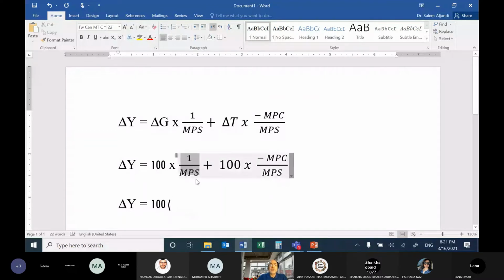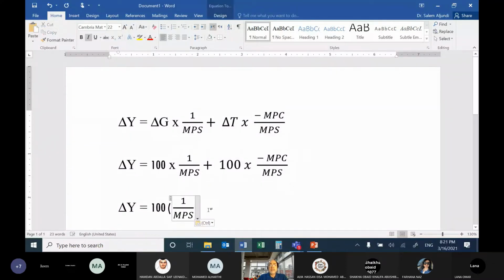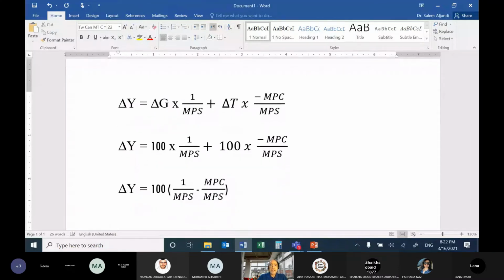So this one, and then I will put minus and put this, copy, paste. This is the minus. I will delete the minus because I put it out, and close the brackets.